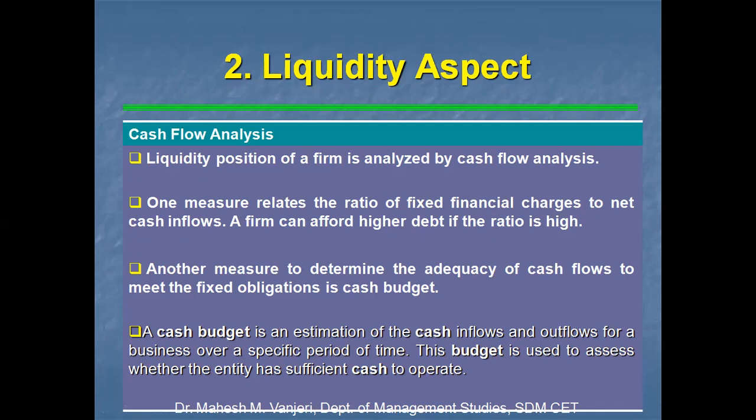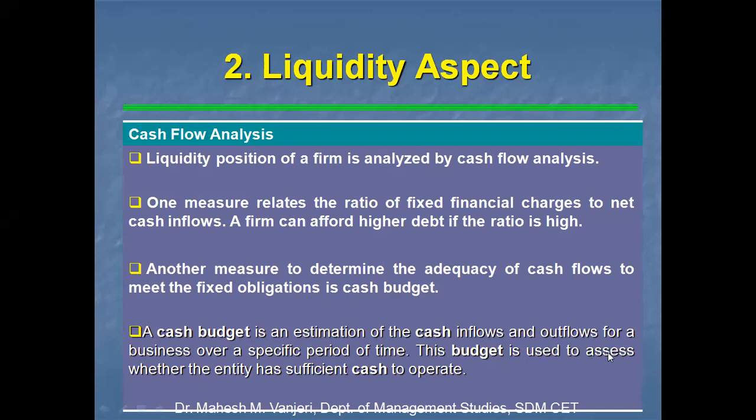What does it mean? If the estimated cash inflows of a company are much higher, it means the company can increase the proportion of debt capital in the total capital. Another measure to determine the adequacy of cash flows to meet the fixed obligations is the cash budget. So what is the cash budget? A cash budget is an estimation of the cash inflows and outflows for a business over a specific period of time.